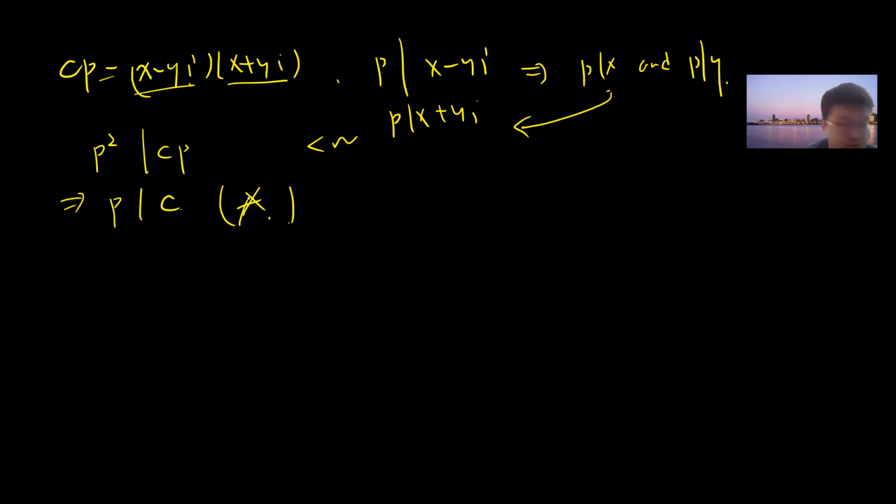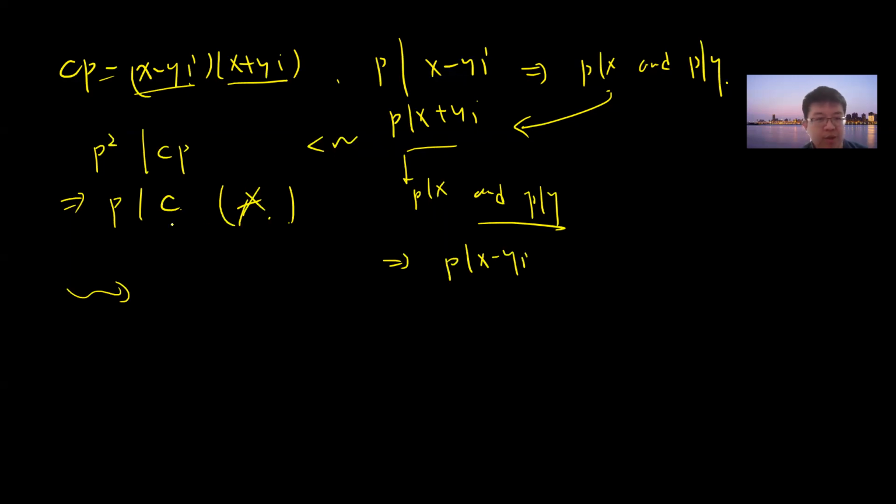This is for the first case. In the second case, if p divides x minus yi, then p divides x and p divides y, and you can also show that p divides x plus yi, which leads to the same conclusion, because c is coprime to p. So this is a contradiction.